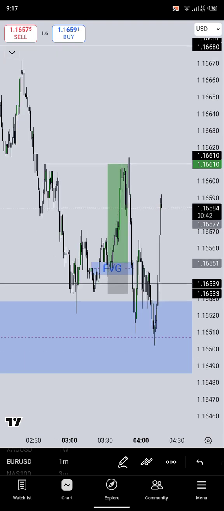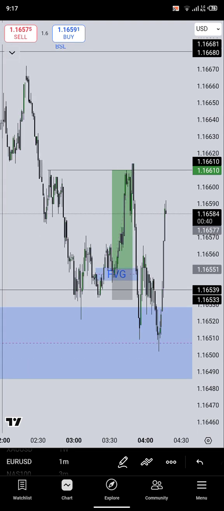Another thing is that trying to look for home runs, seeking a lot of RRs, and placing stop losses and take profits at unrealistic positions can be quite risky and dangerous.